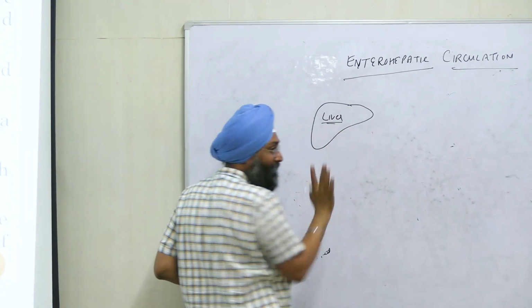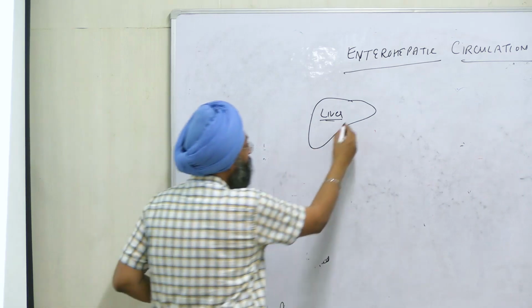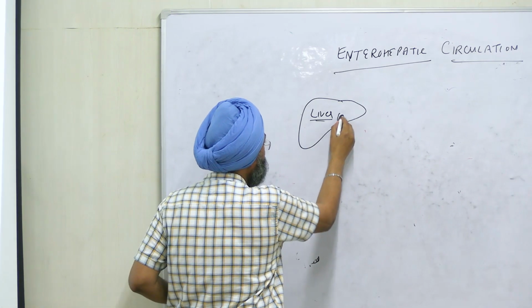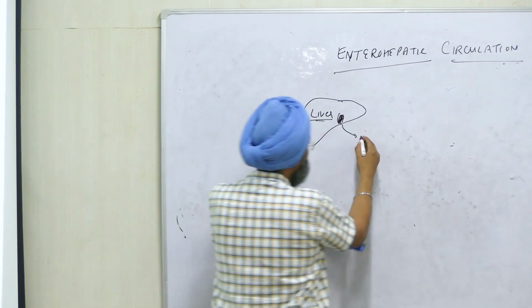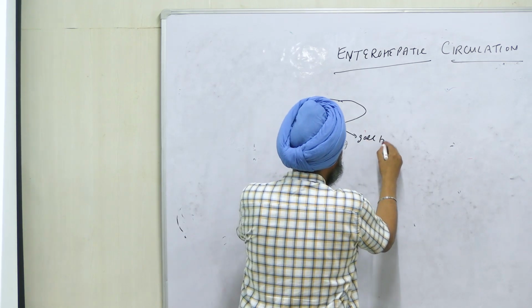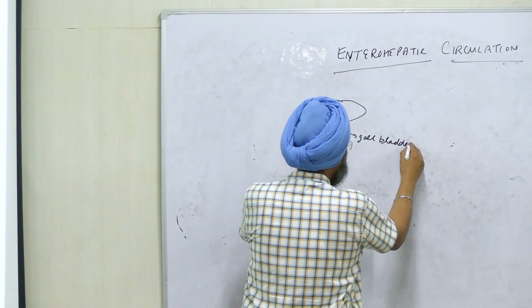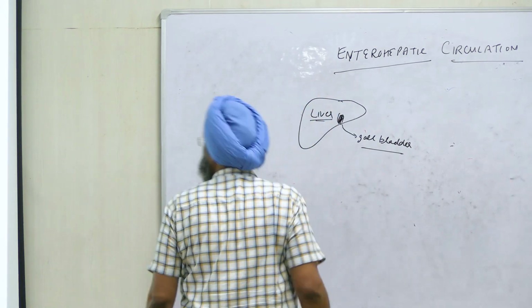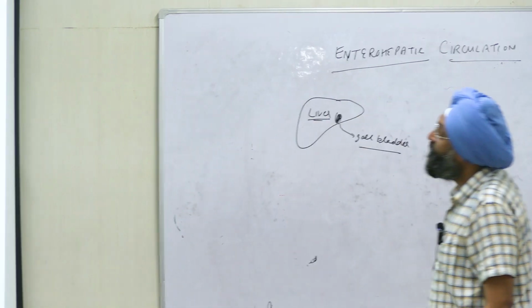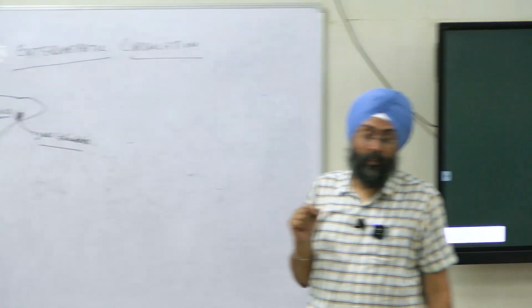So this is a liver, and we can imagine a gallbladder here. Right? This black one is our gallbladder, right? And the bile salts are synthesized in the liver.